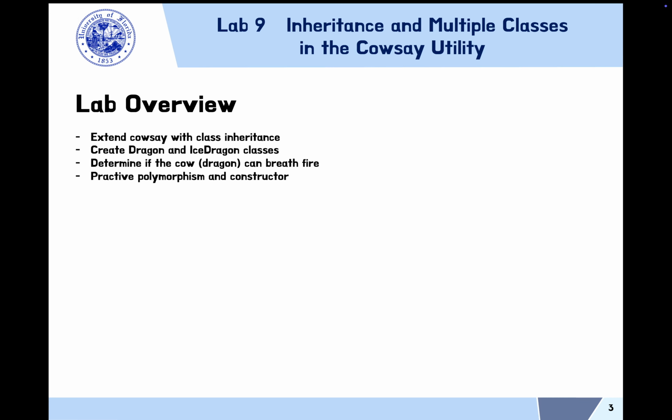The task was to create two new types of cows. The first one is a dragon, and a specialized version of it is the ice dragon. By doing this, we practiced polymorphism, constructor chaining with super, and method overriding.